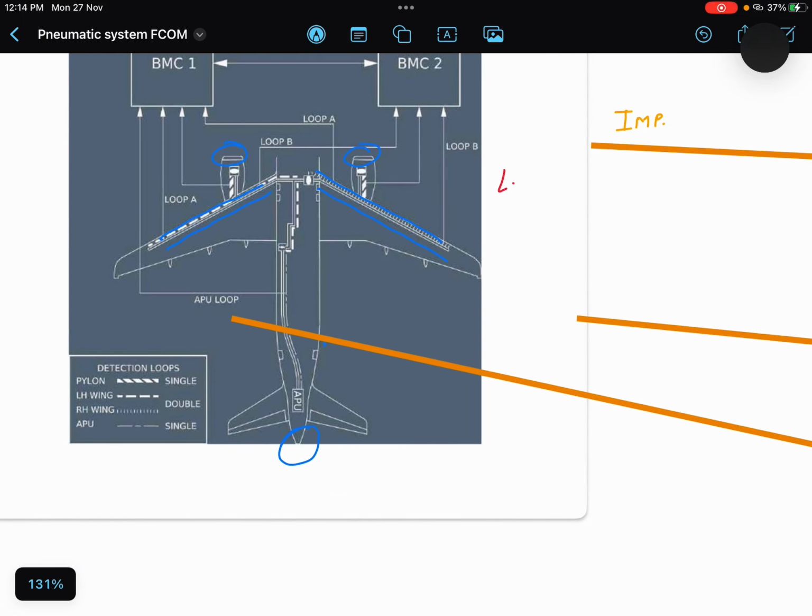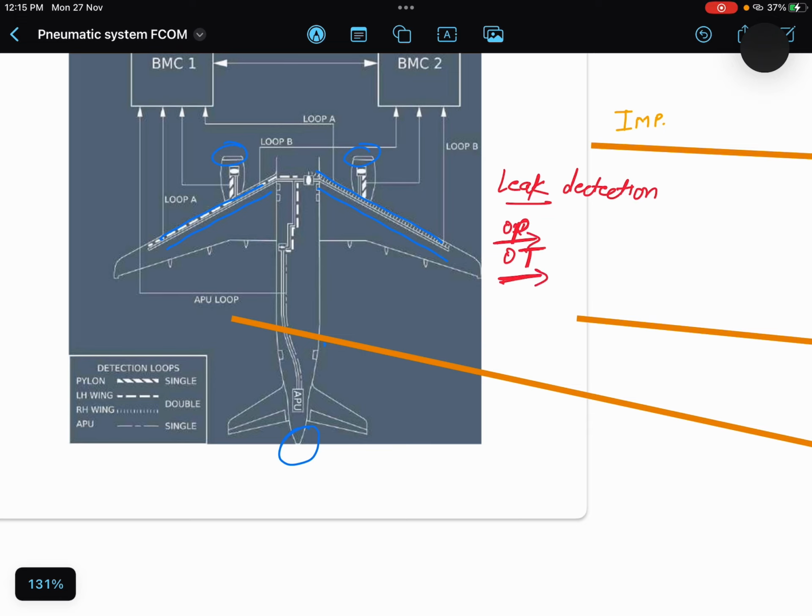Now we will talk about how leak detection is affected when BMC fails. Then comes the overpressure warning and over temperature warning. Let me tell you in the beginning only, if any of the BMC fails, the other BMC is capable of issuing overpressure and over temperature warnings, right?